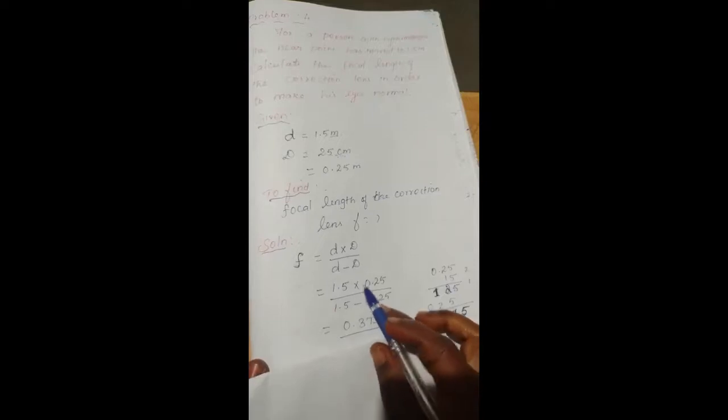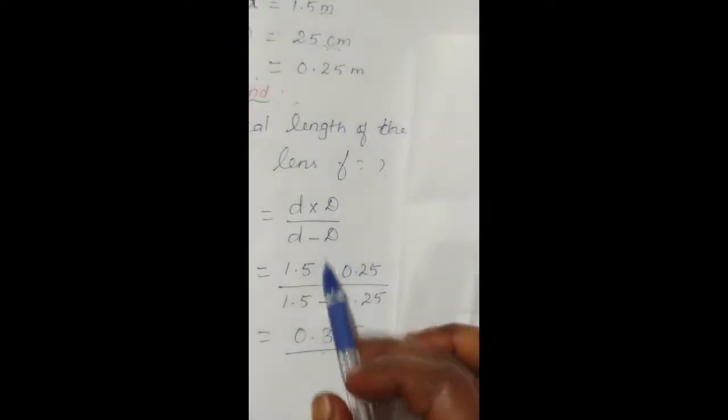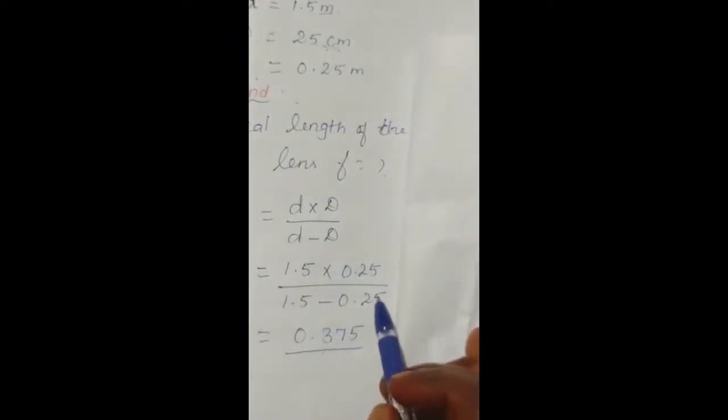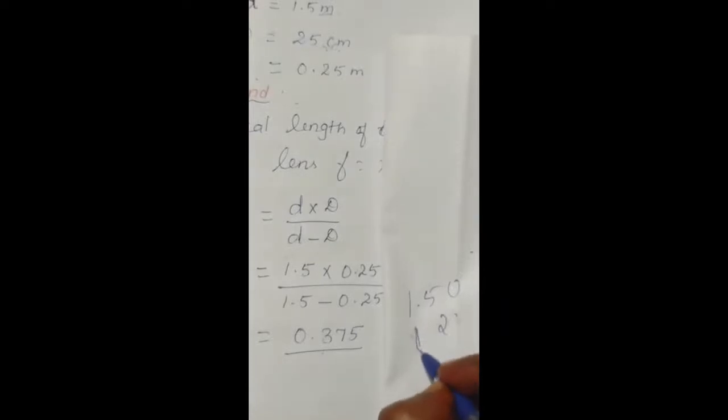If you are multiplying 1.5 into 0.25, what's the answer? 0.375. And then you have to subtract 1.5 minus 0.25. If you are subtracting, what's the answer?